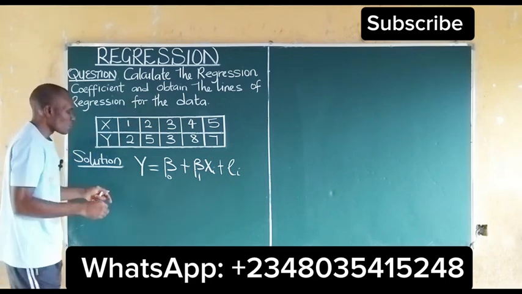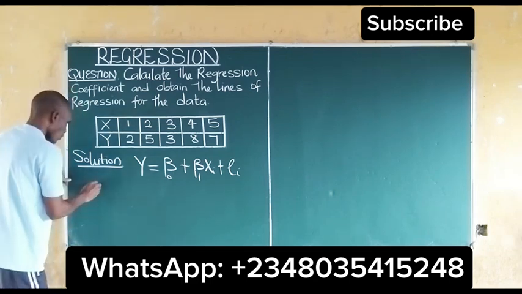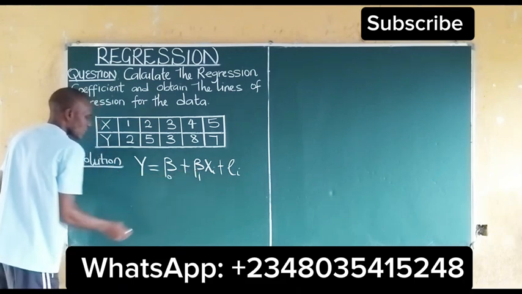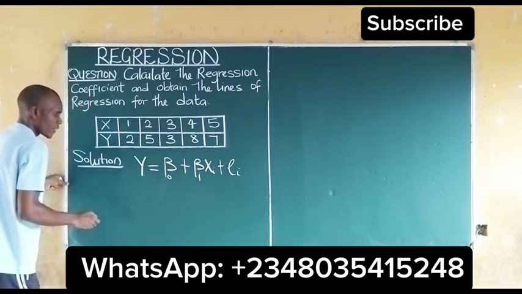So the next thing to do is first, we'll write out the value for b1 and the value for b0.